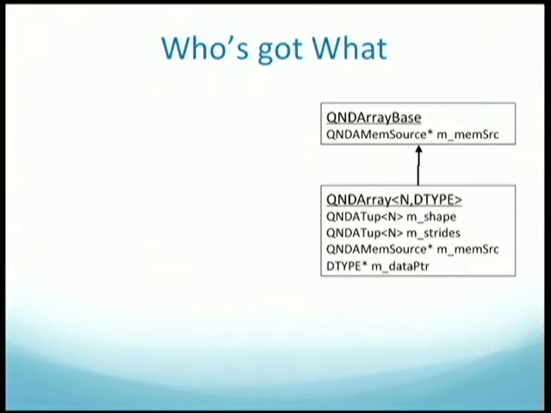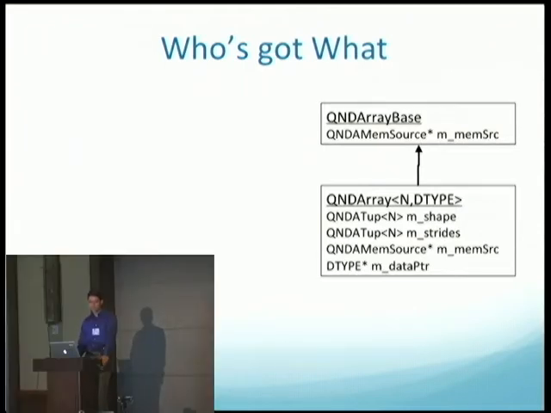So, we've got this QNDArray class, which is templatized, or however you like to pronounce that. It inherits from a QNDArray base class, which took a couple years to find a really useful case, somewhere where I really needed to use that base class.